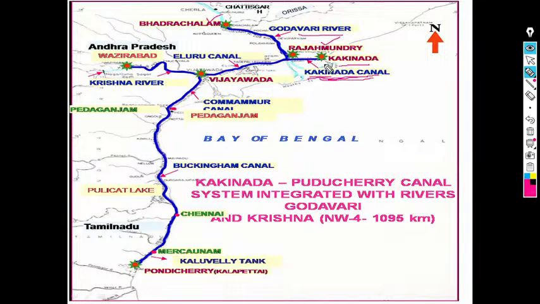Kakinada canal is here and this is the Eluru canal, Andhra Pradesh, Vijayawada, Pulicat Lake, this one. Buckingham Canal is this one, this entire one. This is Pulicat Lake. The Kakinada Puducherry canal system is integrated with the rivers Godavari and Krishna, that is NW4.